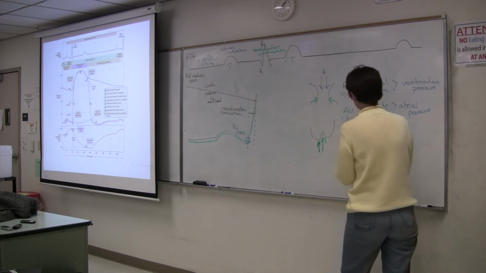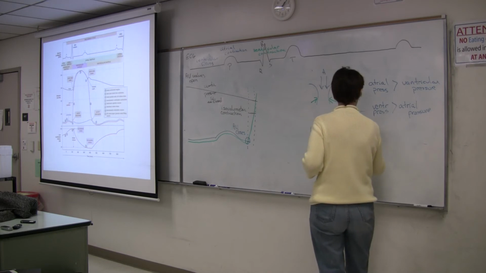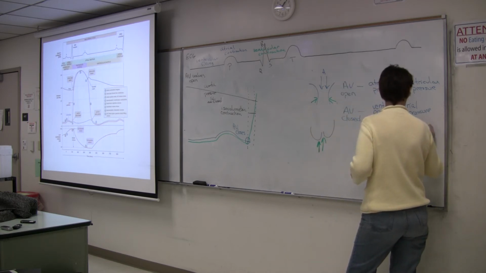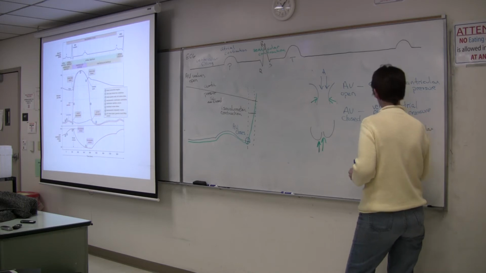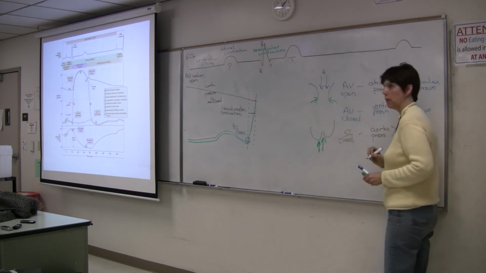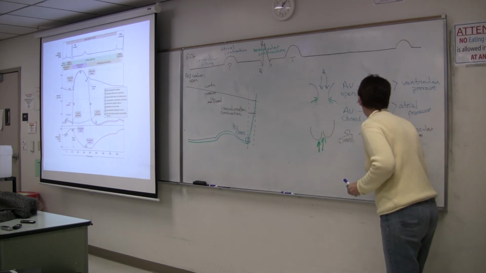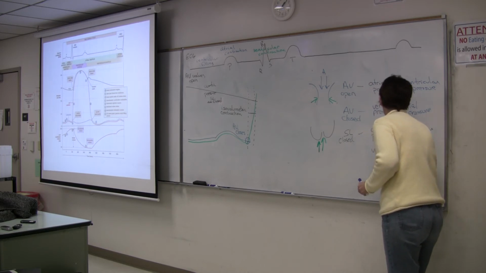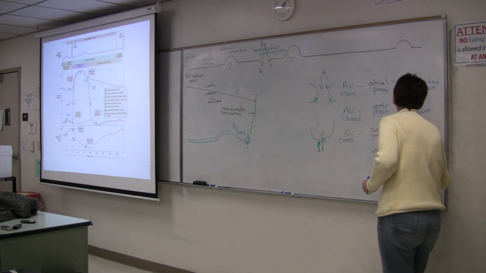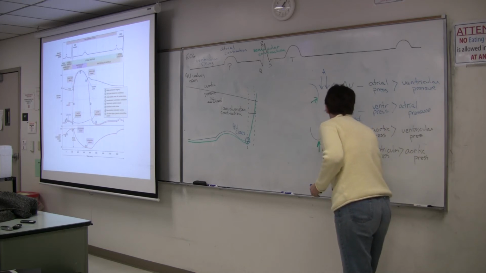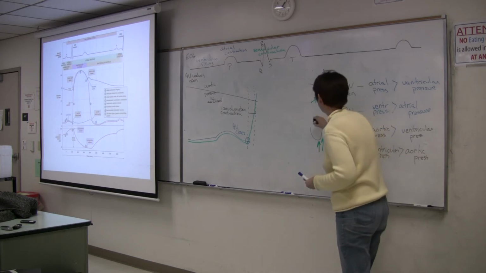So if we write a similar relationship here, when aortic pressure is greater than ventricular pressure, my semilunar valves are closed. And when ventricular pressure is greater than aortic pressure, that's going to push the valves open, and my semilunar valves are open.